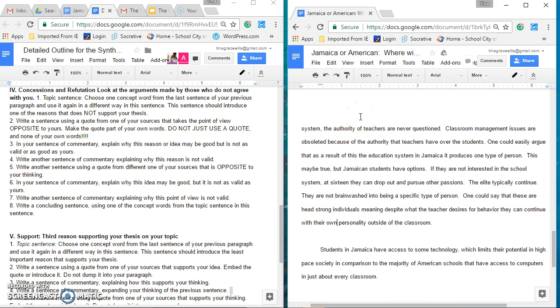And there you have it. You have a paragraph that includes a concession, me sharing the other viewpoint, and then a refutation where I explain it.